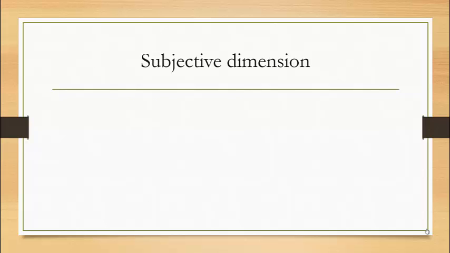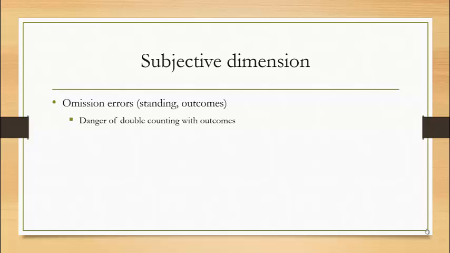So in addition to those challenges, you also have the fact that cost-benefit analysis is very subjective. So you have omission errors, which means that you leave things out. So maybe there are costs and benefits that you just didn't think of or that you couldn't foresee. And there's also a danger that you end up double counting a cost or a benefit because you do it in multiple ways.